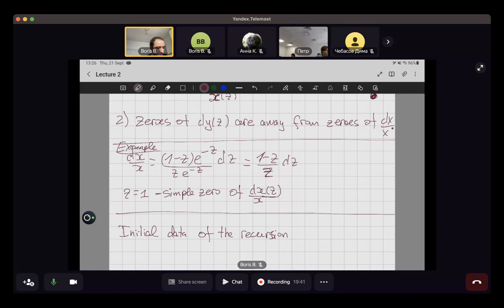It is equal to 1/2 times a big sum, and here is a big residue. This residue will be taken at the simple zeros of this form dx over x.